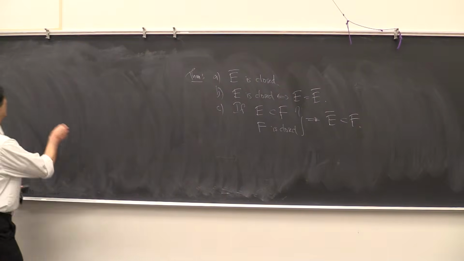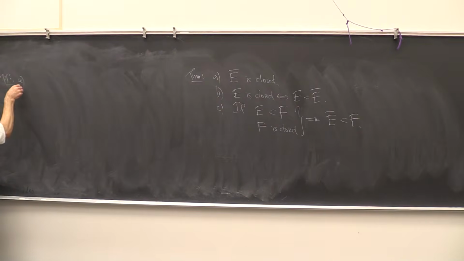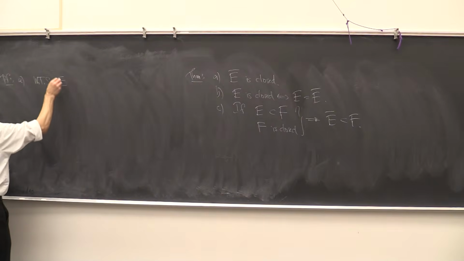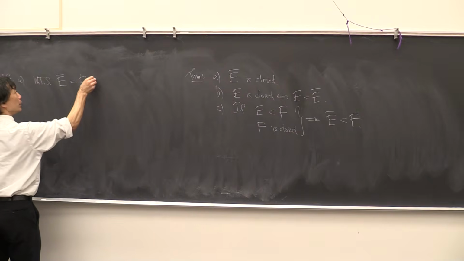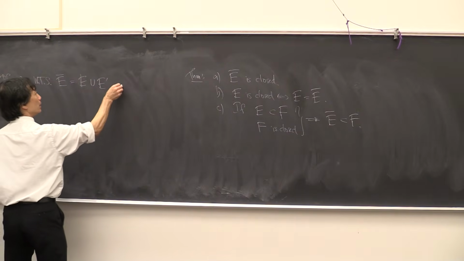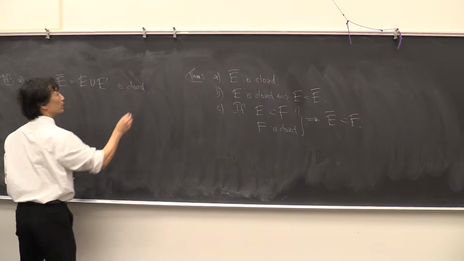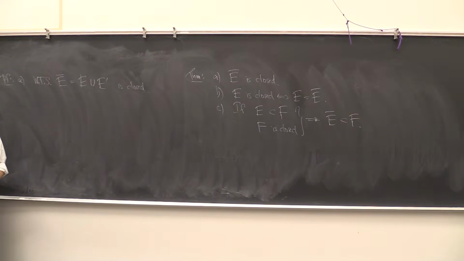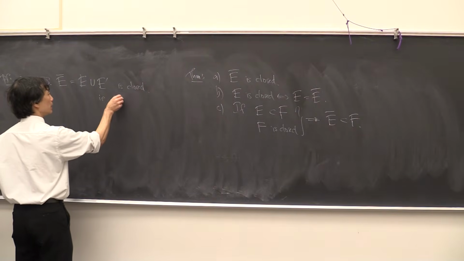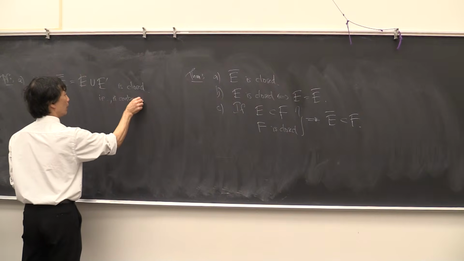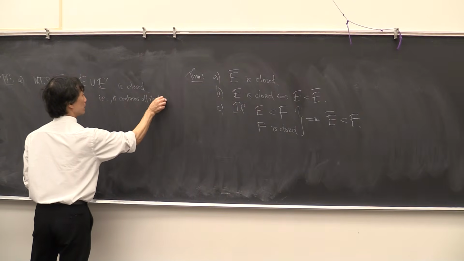So let's think about the proof of A. We want to show that E bar, the closure, which is E union E prime, is closed. In other words, it contains all its limit points.